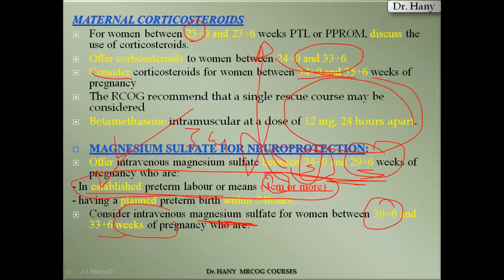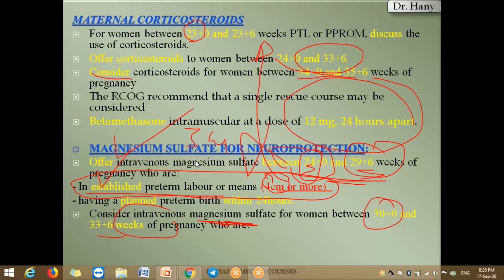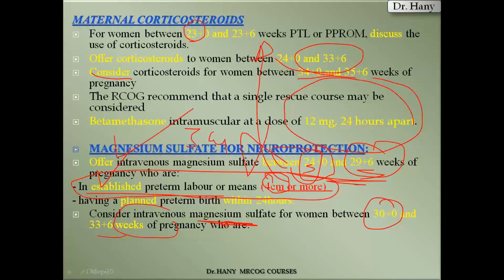It is not established preterm labor. If you revise the criteria in the NICE guideline, it is regular contractions from 4 centimeters. So the NICE guideline defines established preterm labor from 4 centimeters, and I will not offer magnesium sulfate until the woman is 4 centimeters.